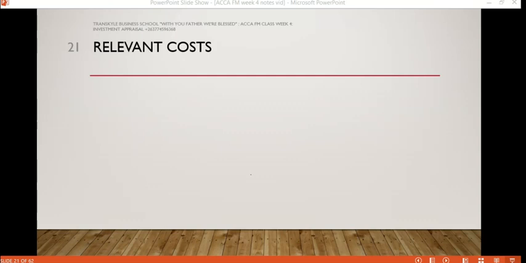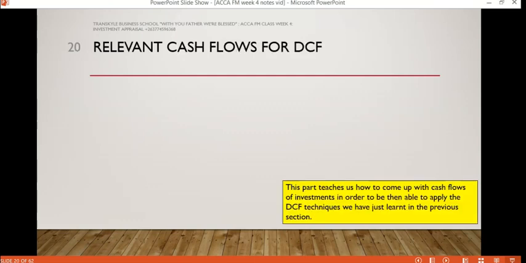Now, in this video, we are going to look at relevant costs, or the costs that are relevant for the purpose of investment appraisal. In the previous video, in this week 4 series, we talked about the arithmetical aspects related to the time value of money concept, as well as investment appraisal in general.